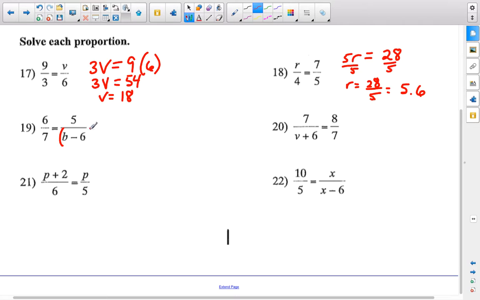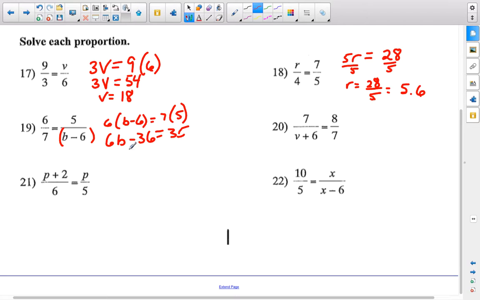Okay, let's not forget, we've got to put that in parentheses, so 6 times the whole denominator here, so it looks like 6 times b minus 6 equals 5 times 7, which is 35. Distribute your 6, 6b minus 6 times 6 is 36, equals 35.